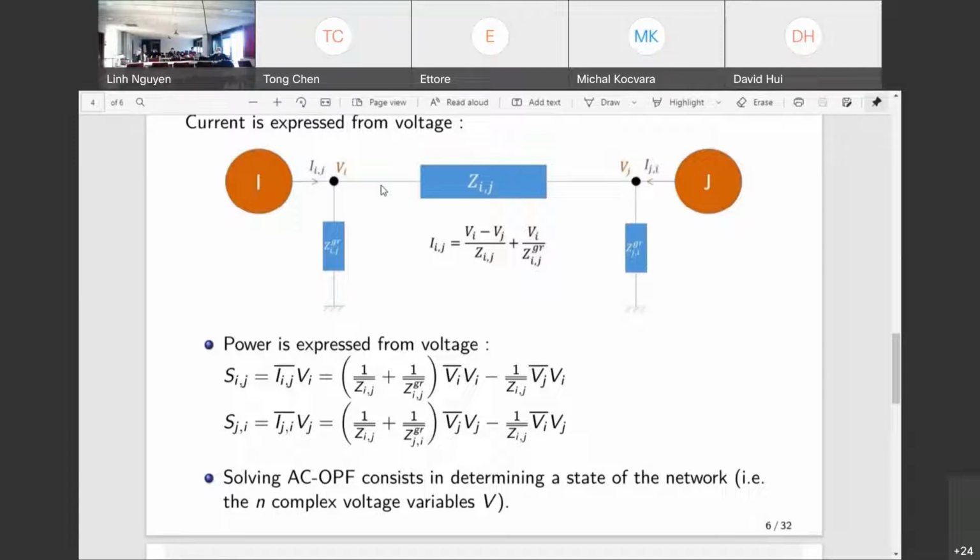So the phi angle between the current and the voltage in I or in J is modified by the reactive part of the impedance. Here you have the apparent power flow, and everything here is complex numbers. So here you see already that we have quadratic terms in complex numbers.